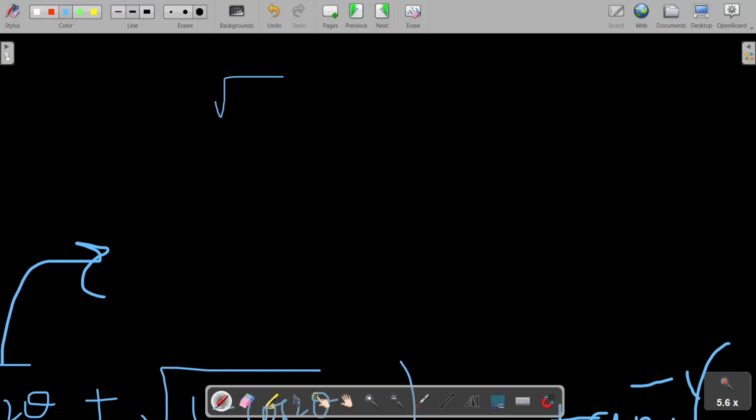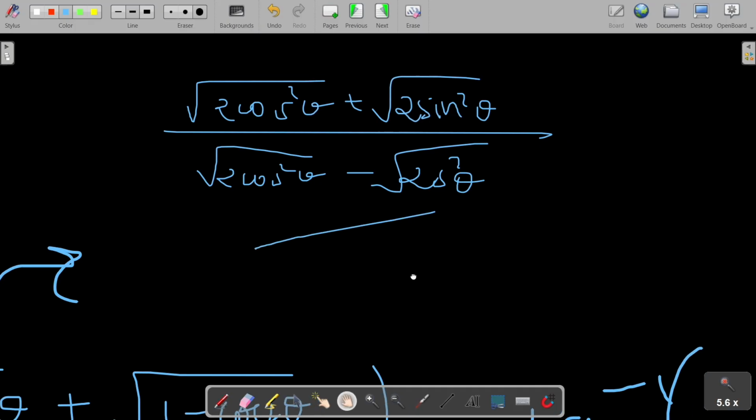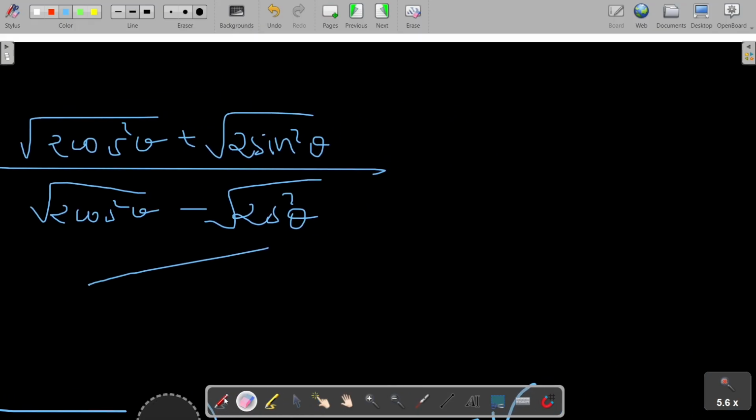So this becomes root of 2 cos squared theta plus root of 2 sin squared theta over root of 2 cos squared theta minus root of 2 sin squared theta. I'm going to write S and C simply for sine and cosine functions.